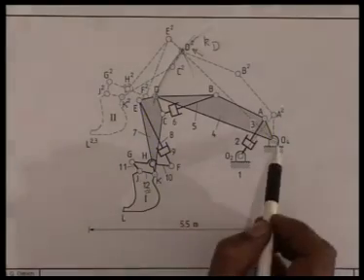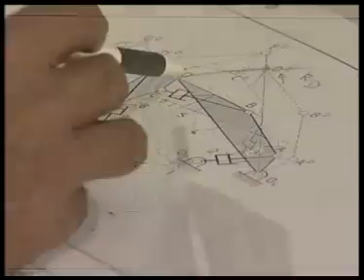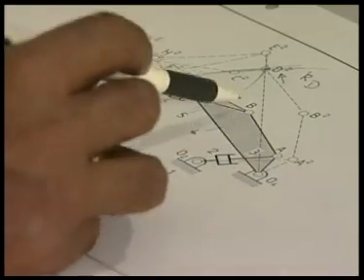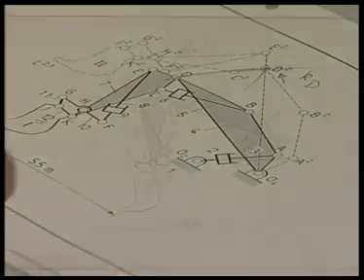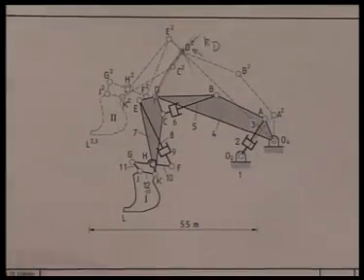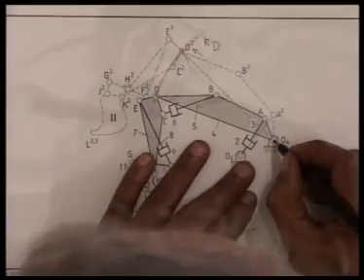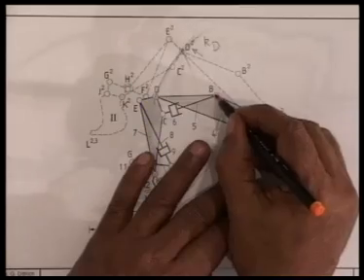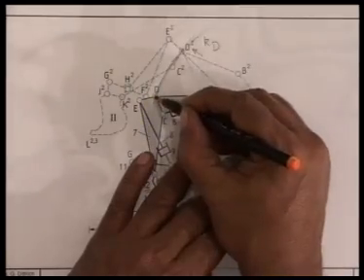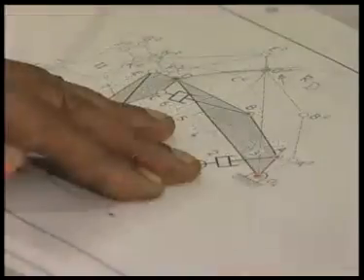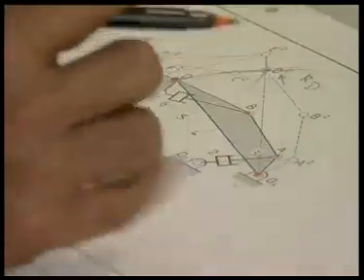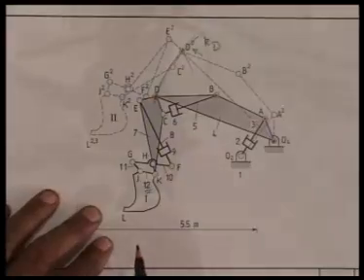Once I have located 2 points, that is O4 and D2 on this quaternary link number 3, A and B I can easily determine using the tracing paper. So, on a tracing paper I mark O4, A, B and D. These 4 points, their relative positions do not change because they belong to the same rigid link 3.